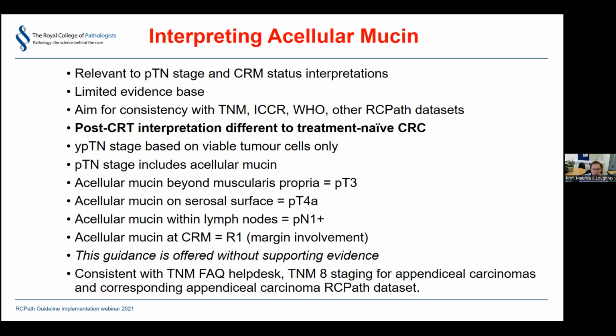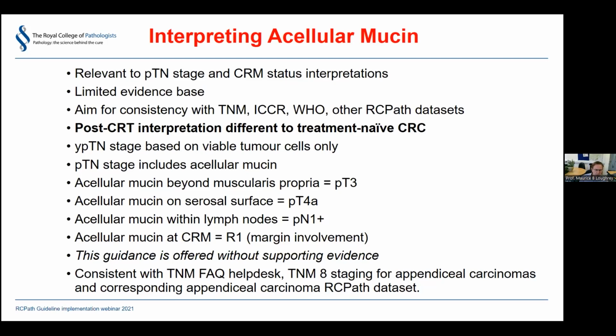And in the absence of a good evidence base, our aim here has been consistency with these other organizations, and very importantly with other RC-Path data sets, in particular the appendiceal data set, which has emerged in recent years. So we've really aimed for consistency there.